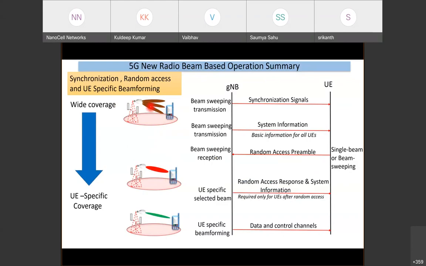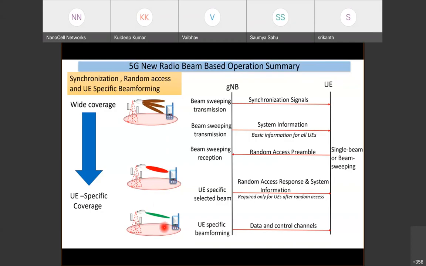The base station might be sweeping multiple beams. This user works with the base station on a coarse beam to complete some of the initial steps, and then it can fine tune the beam. You can see progressively how this beam is literally fine tuned. So this is where the new reference signals come in handy.